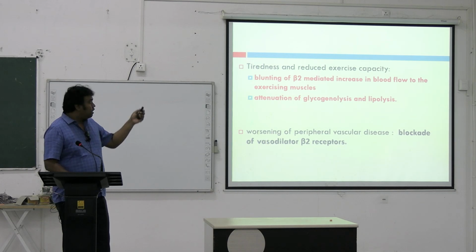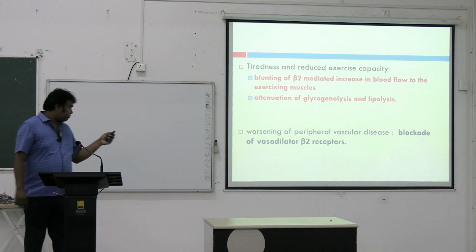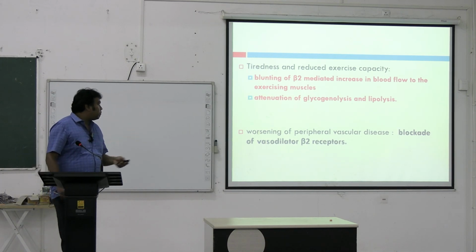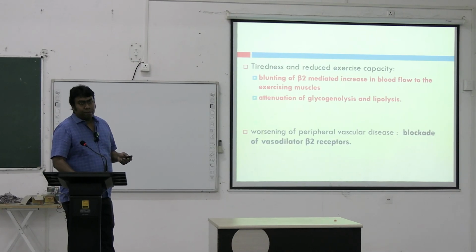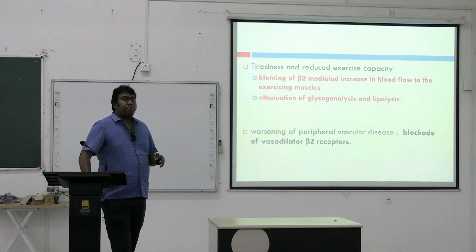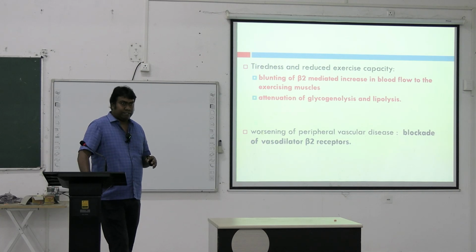By blocking the vasodilator beta receptor, they worsen peripheral vascular disease and Raynaud's disease. Beta blocker is contraindicated. Why? They counteract the beta 2 receptor present in the peripheral blood vessels.